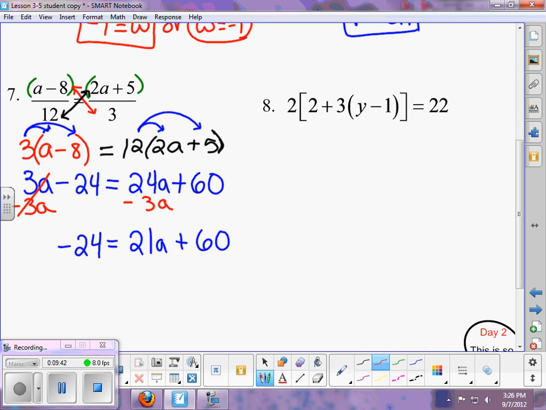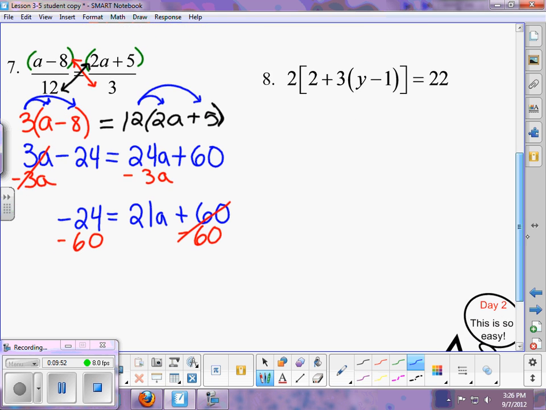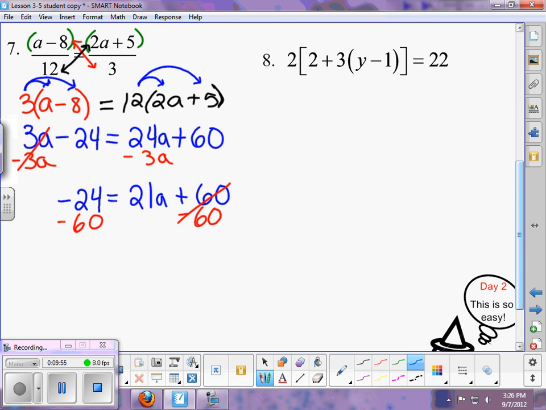Let's move our 60 to the other side. The opposite of adding 60 would be to subtract 60. Negative 24 minus 60 is negative 84. So we get negative 84 equals 21 times a.